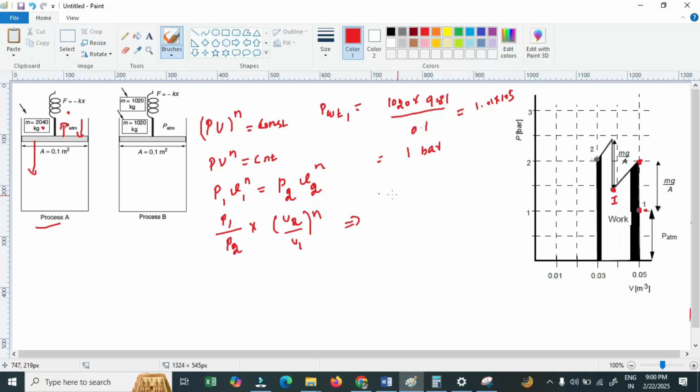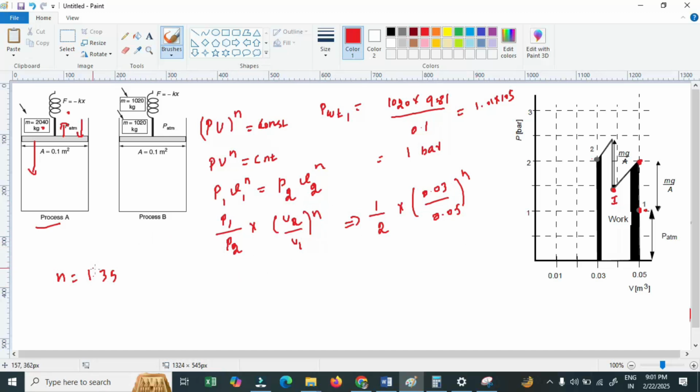If you substitute P1 as 1 bar and P2 as 2 bar, and V2 divided by V1 as 0.03 divided by 0.05, power 1 by n, you will approximately get the value of n as 1.35. And now I know the n value.